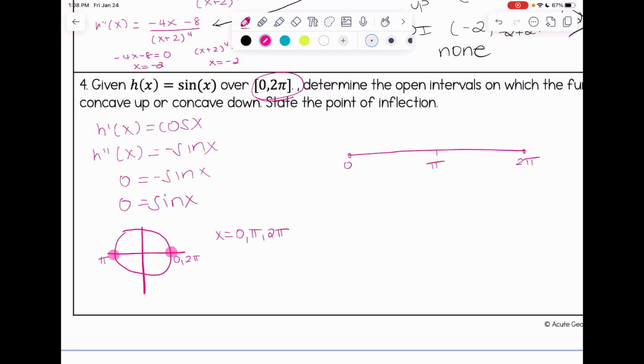All right, so let's pick some test values. Let's say I pick pi over 2 and 3 pi over 2. Remember that we are plugging them into the second derivative, which was negative sine x. So I'm going to get a negative, and then I'm going to get a positive.